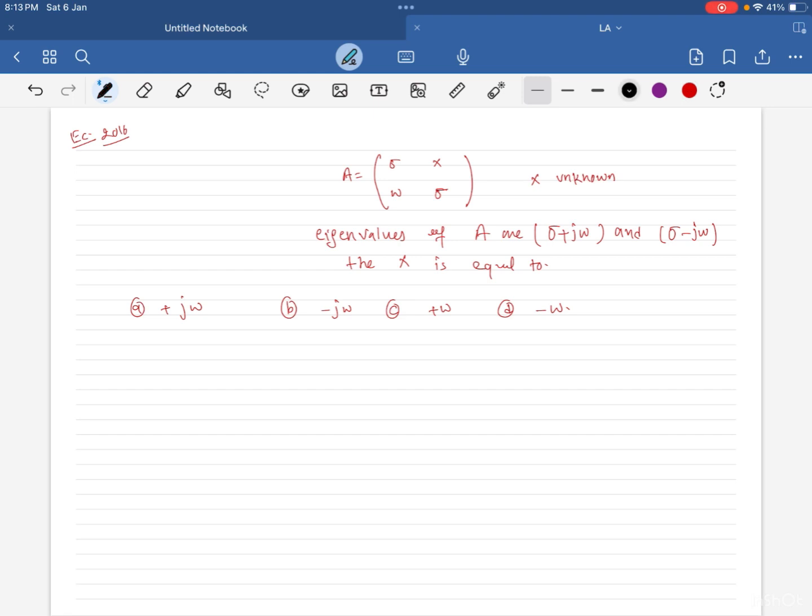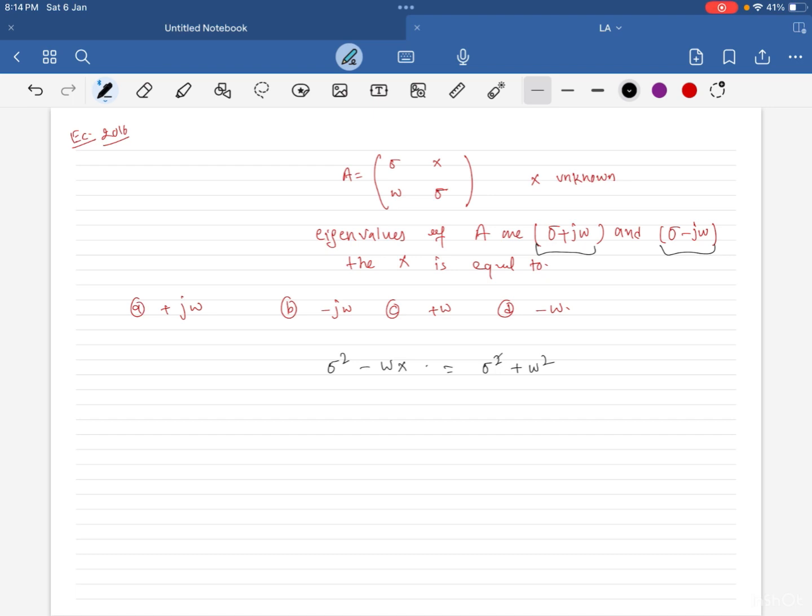So determinant of this matrix would be sigma square minus omega x, and that should be equal to the product of these eigenvalues, and that would be sigma square minus j omega sigma and plus j omega sigma, so that would be equal to sigma square plus omega square, right?